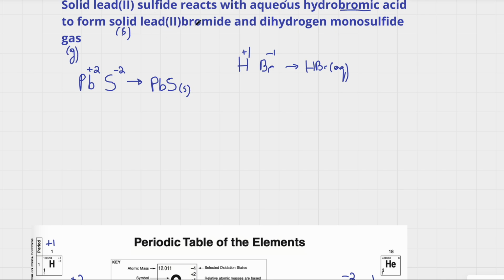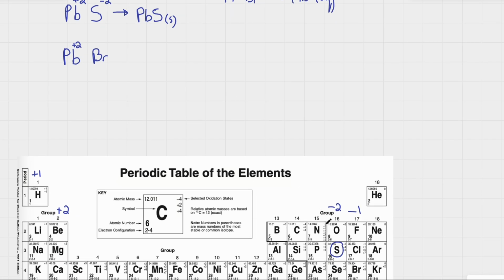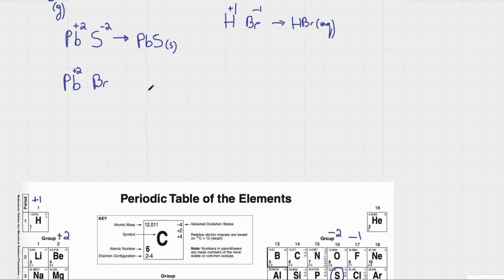Then I have lead(II) bromide. Again, lead, and it says 2, so my oxidation number is 2. Now it's paired with bromine. What was the charge for bromine? We said it was -1.